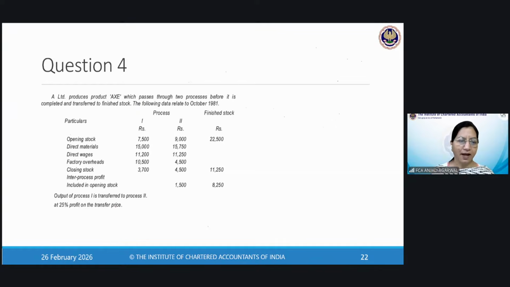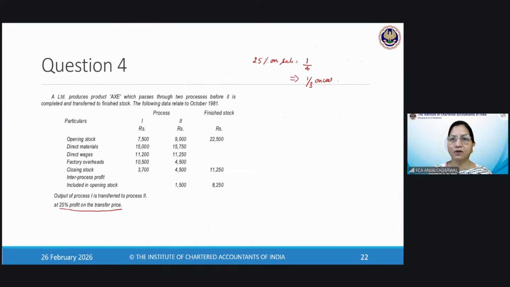And the most important thing is, the profits will generally be given as a percentage on transfer price. So we will apply the same rule, like 25% on sale means 1/4 on sale is equivalent to 1/3 on cost.